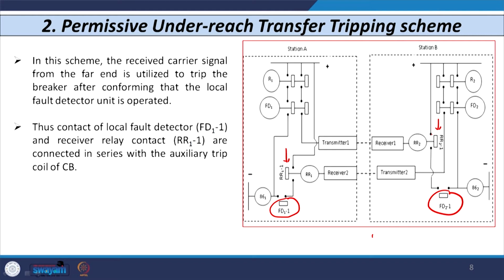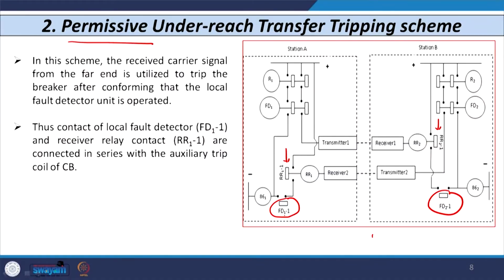As soon as we receive the tripping carrier signal from the far end, instead of directly tripping, it waits for the fault detector unit to confirm whether it has operated or not. Since such permission and coordination is required, the scheme is known as the permissive underreach transfer tripping scheme.